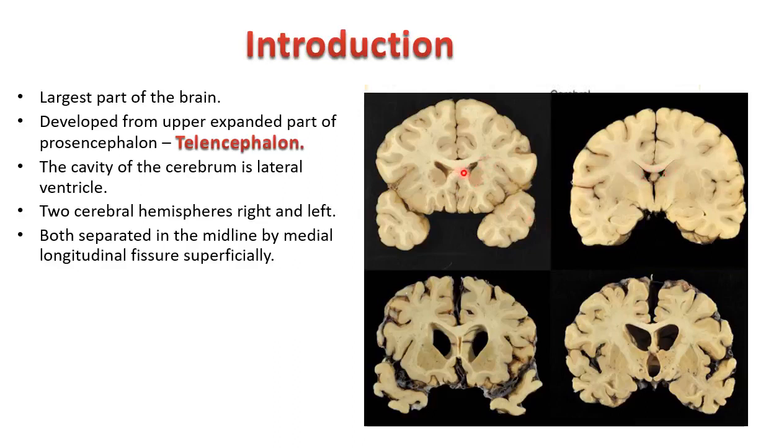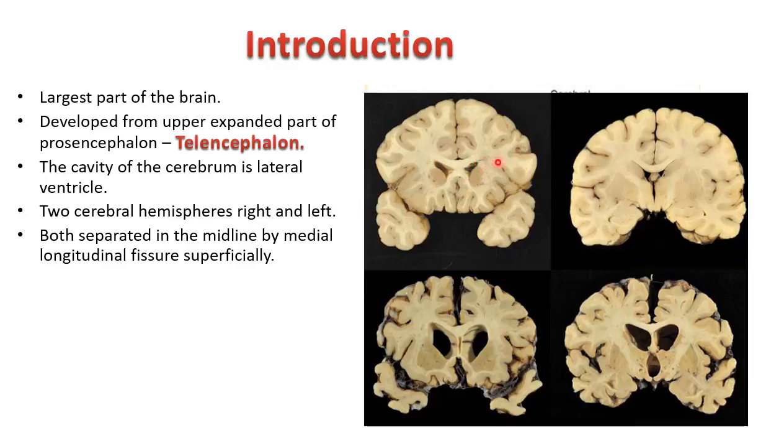The cavity of the telencephalon, as I told you, is the lateral ventricle, seen mostly on the medial aspect. The structure is mainly outer gray matter, and the core of white matter is classified into different types of fibers, which we will see in the next lecture.